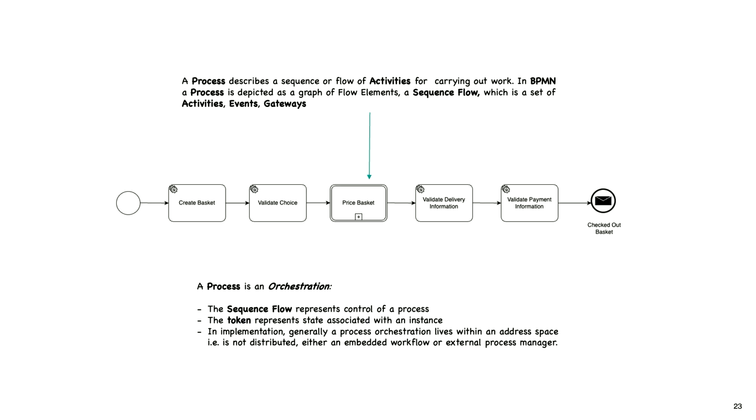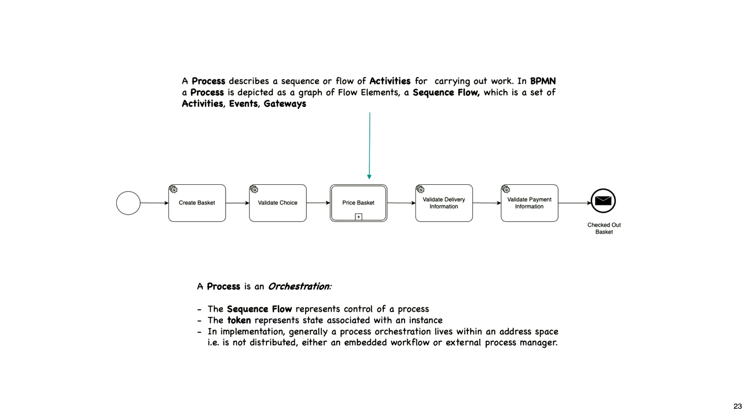All right. So one of the things to understand is that a process is basically a sequence or flow of activities for carrying out work, right? So it's a graph of flow elements, a sequence flow, and it's a set of activities, events, and gateways. So we're describing a given flow. And it's important to understand that's effectively an orchestration, right?